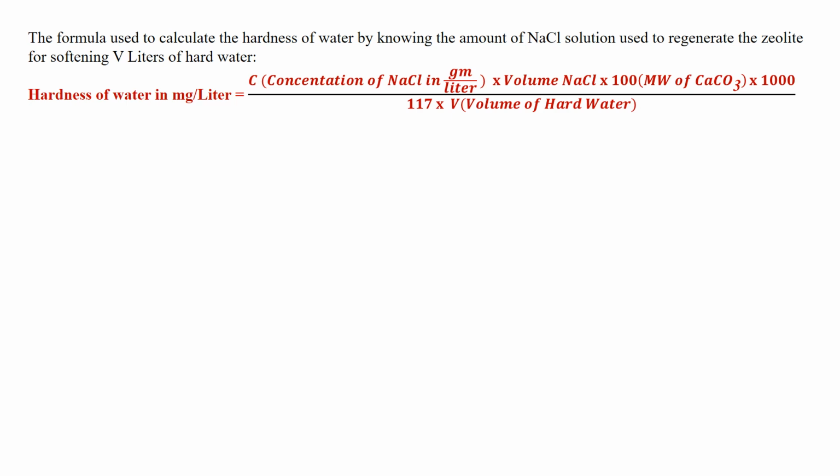This is divided by 117, which is twice the molecular weight of NaCl, and which is further divided by the volume of hard water V. So in this manner we can calculate the hardness of hard water which is softened by the zeolite softener.